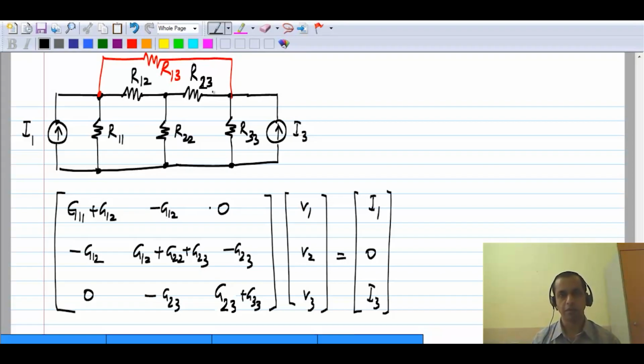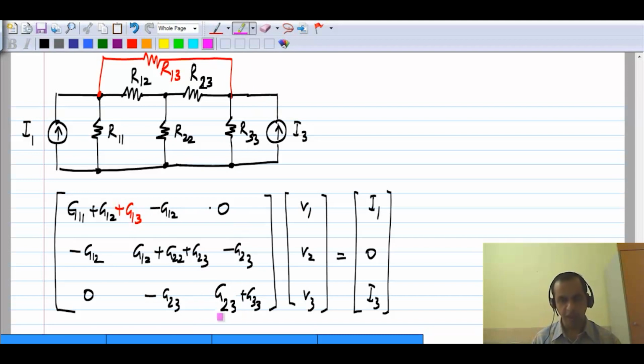Please work it out. When I add a conductance, obviously the total conductance at those nodes to which I add the conductance will change. In this case, nodes 1 and 3, that's where I added the conductance. So the diagonal elements corresponding to these nodes will change. We have node 1 here. Before, the total conductance was G11 plus G12. Now it will also have G13.